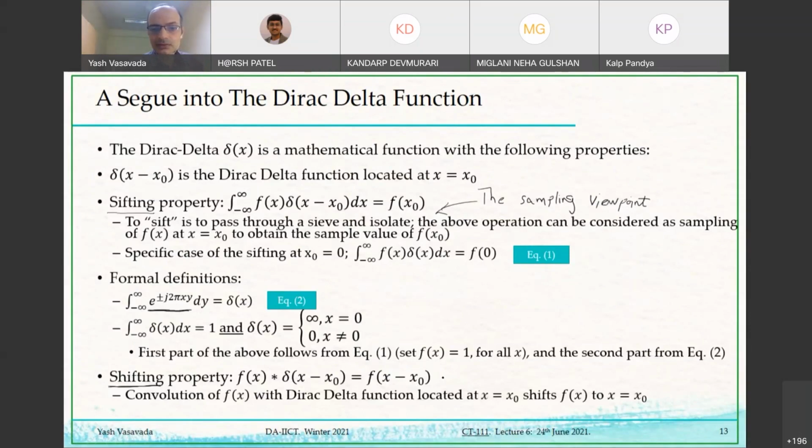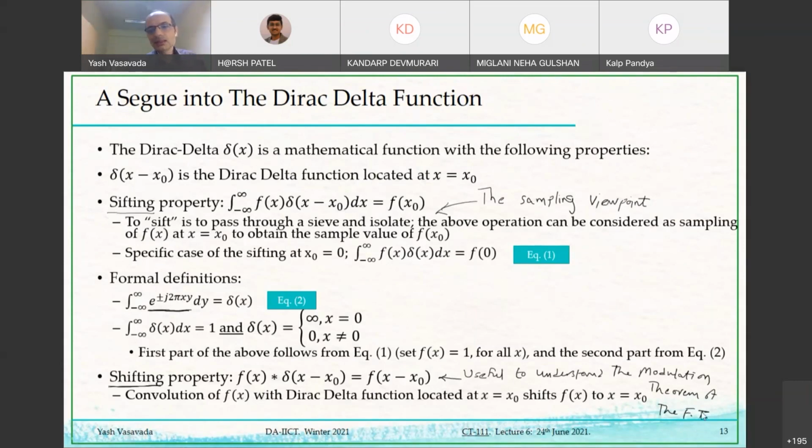And this will be useful to understand the modulation theorem that we have seen of the Fourier transform.